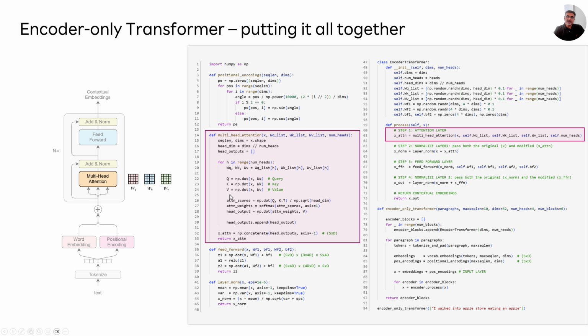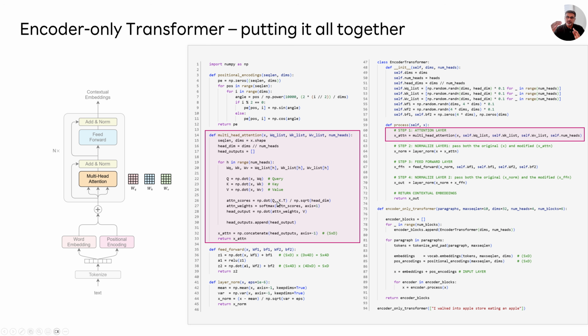I'll calculate the attention scores by taking a similarity measure between the query copy and the key copy, which tells me, in I walked into Apple store eating an apple, how relevant is I in understanding I itself? How relevant is the word walked to understanding I, the word itself, the word into, the word apple, the word store, and so on. So it's an S cross S matrix that you get out of doing this cross product to get the similarity.